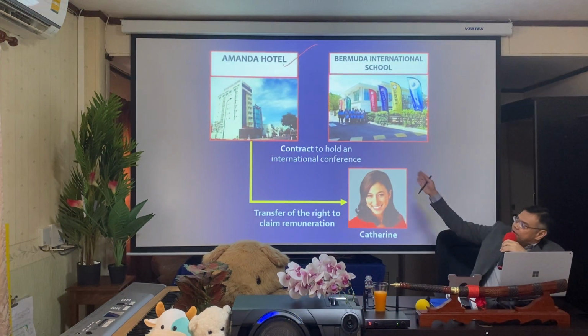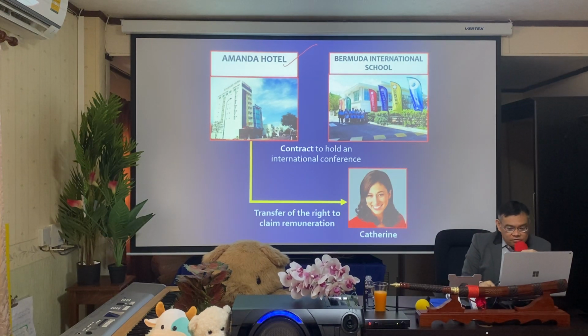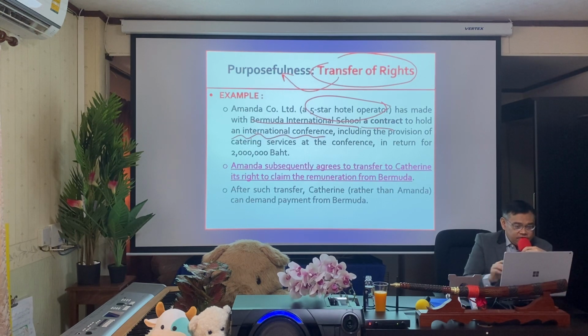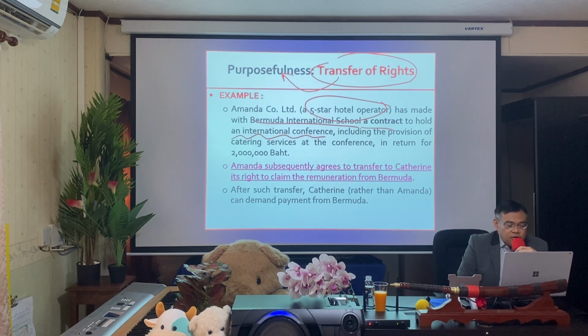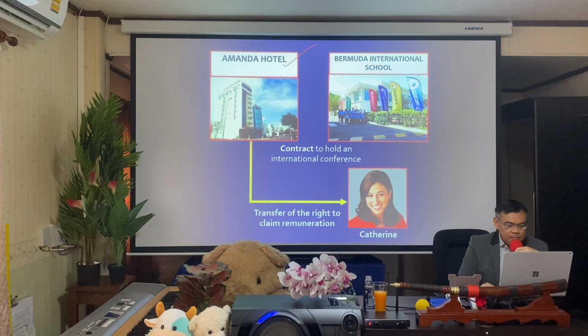We have two parties: the first is Amanda Hotel, the second is Bermuda International School. What have they done here? They have made a contract to hold an international conference. The hotel will hold the conference together with the provision of catering services, providing food as well, during the conference, and will charge 2 million baht.